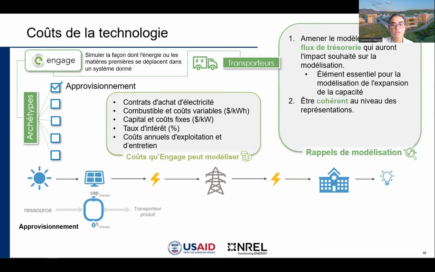It's also important for you to keep in mind as you start to build your model that you should be really consistent in your representations. For example, if you're looking at an existing solar system, you could decide to treat the fixed costs of purchasing and installing the PV panels as a sunk cost and not represent those costs within Engage.